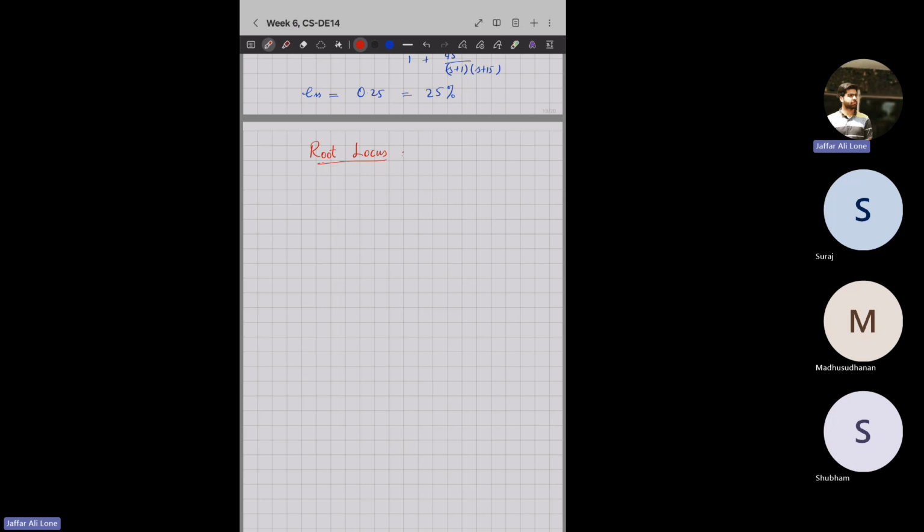So what is root locus? We studied Routh-Hurwitz criteria last time. In Routh-Hurwitz criteria, we saw that a system is stable, marginally stable, or unstable, and that depends on the number of poles in the right half plane. We also saw that systems are stable for a range of values of K, that's the gain.